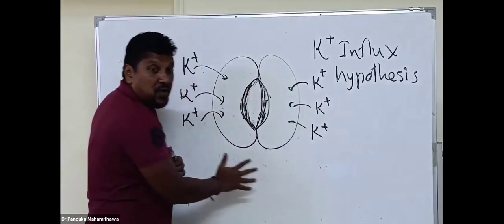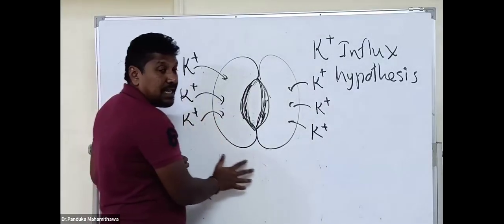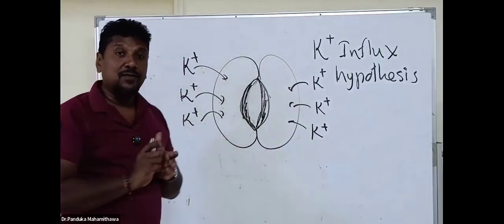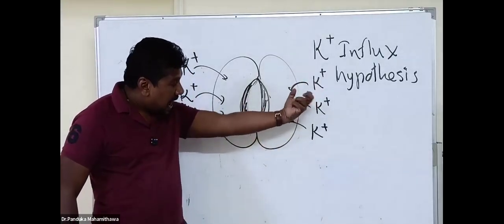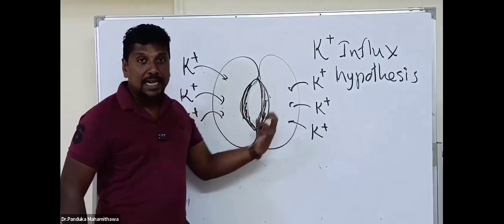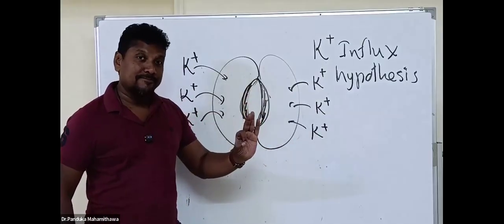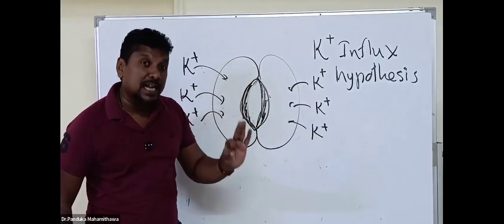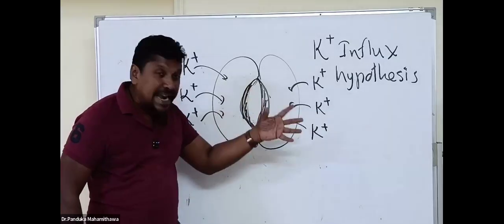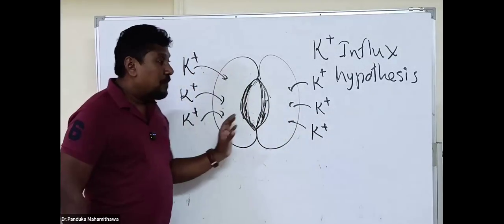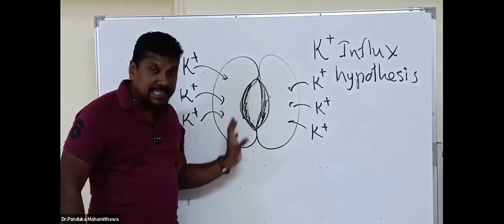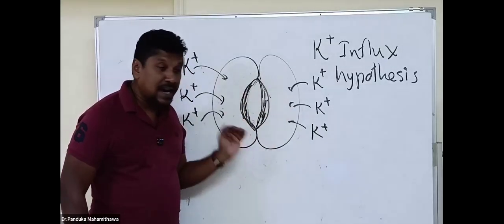Surrounding the guard cells, you have the other epidermal cells. Those epidermal cells have potassium, and that potassium is absorbed into the guard cells actively by active transport. That means you spend ATP and absorb potassium. Now, when you absorb potassium into the two guard cells, what happens?